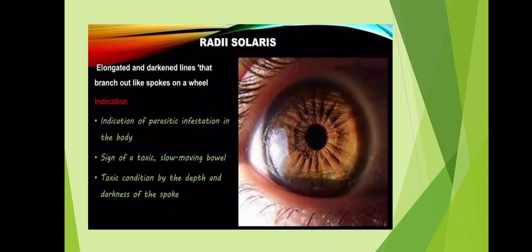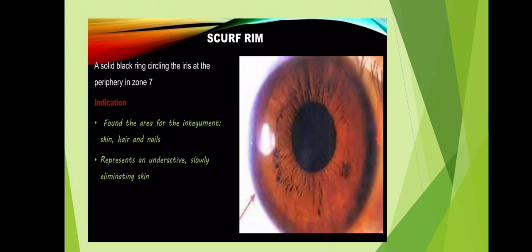Next marking is the radii solaris. It is elongated and darkened lines that branch out like spokes of a wheel. It is indicated in cases of parasitic infestation, toxic or slow bowel movement, etc. Next is the scurf ring.